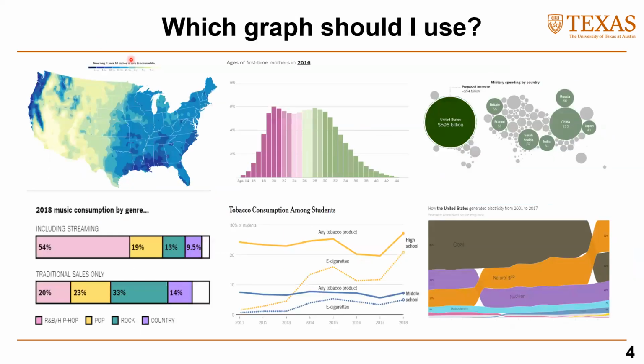Okay, so now which graph or which figure should I use? Well, we have a bunch of different types of figures. In the interest of time, I will not cover all the types of figures that we can use for a very specific scenario.